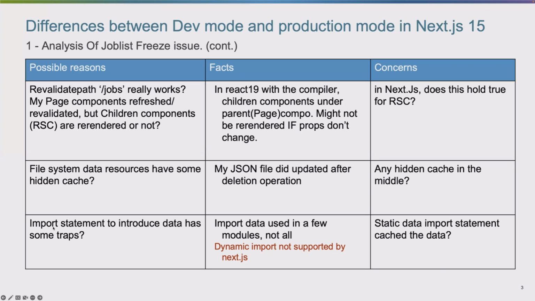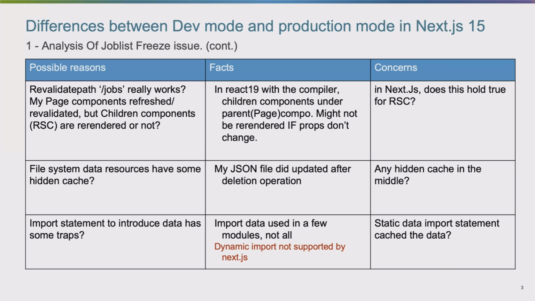And the third one is I also use some import statements to introduce some data, like this JSON file, in a few modules, not all, because most of them use file system read and write, and a few modules directly import the data. Does this import statement affect my code or logic? I don't know. I just know the import statement has a cache.